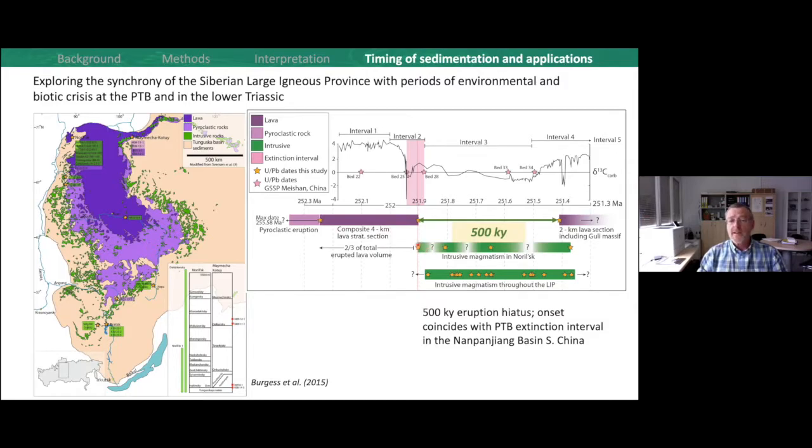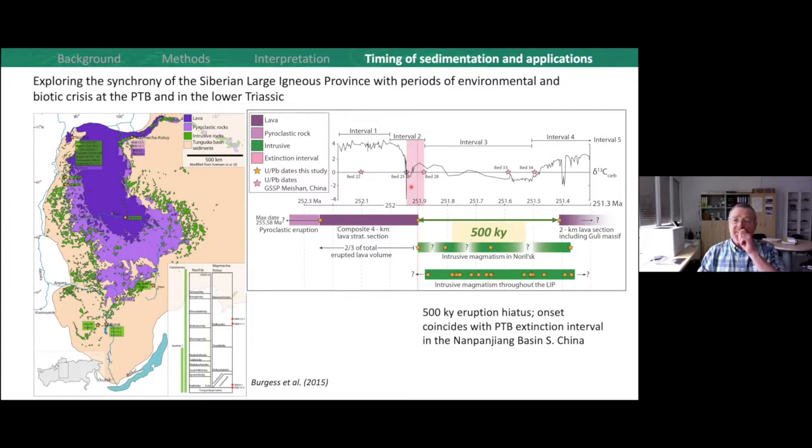And the onset of this eruptive hiatus is coinciding with the extinction interval we can determine from the sedimentary sections. So is this now coincidence or is this causality?